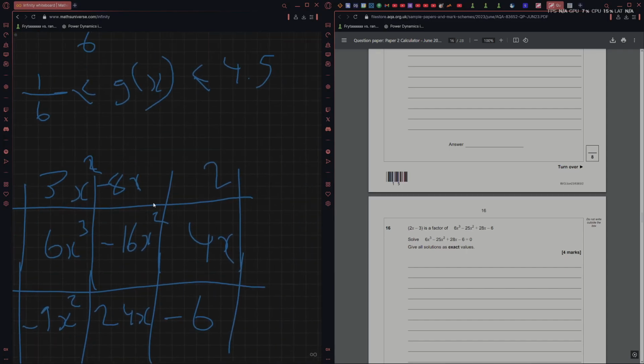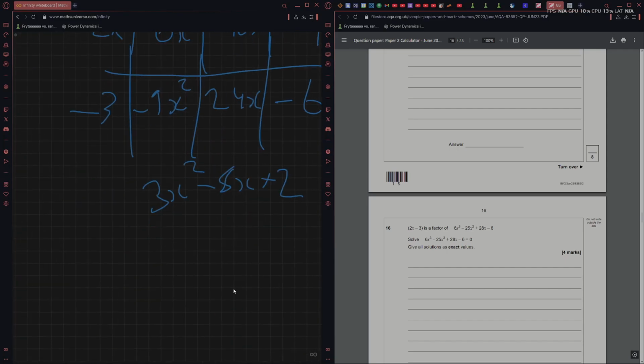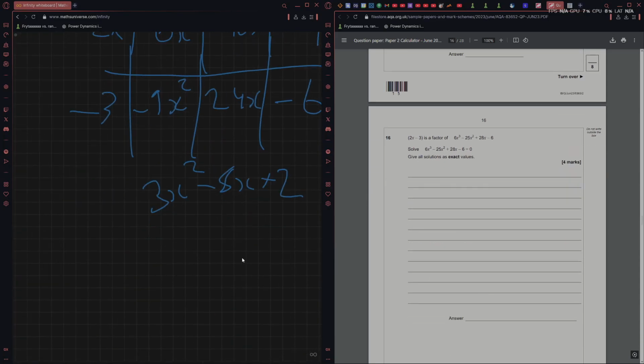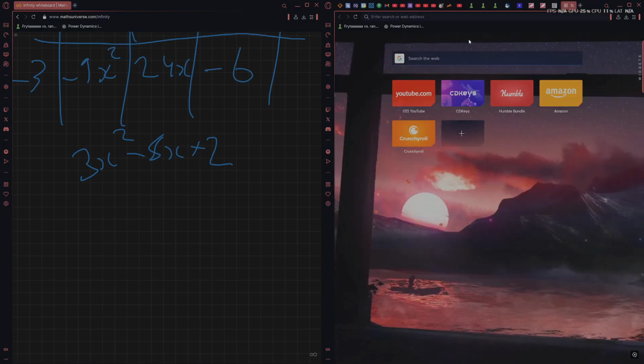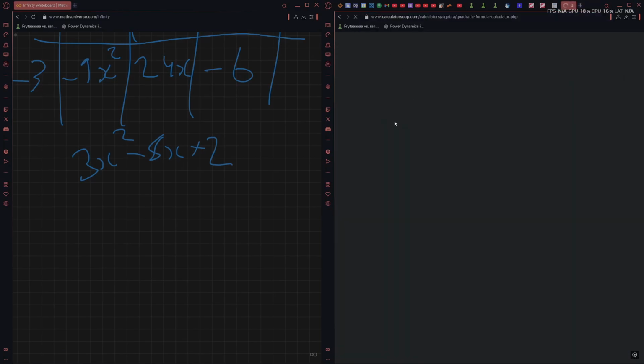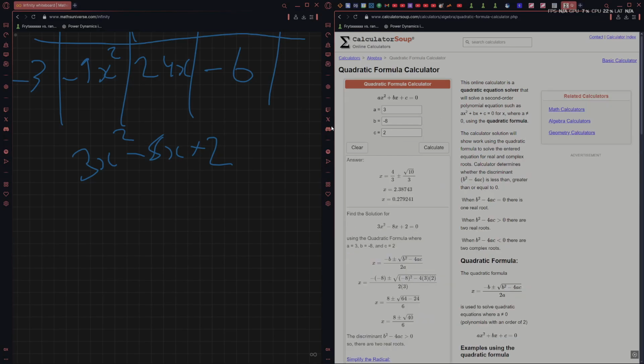So now we have the quadratic here, 3x squared minus 8x plus 2. We just need to factorize this. I'm not going to use the quadratic formula with the calculator, I'm just going to use this because I'm too lazy. Let's do it.